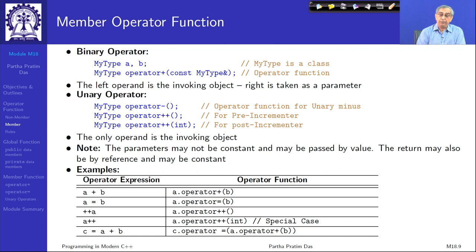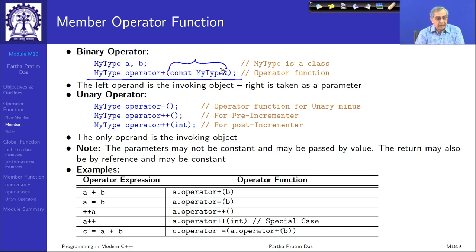There could be member operator functions also, that is, the operator could be a part of a class. If it is a part of the class, then certainly it takes only one operand in case of a binary operator. Why?